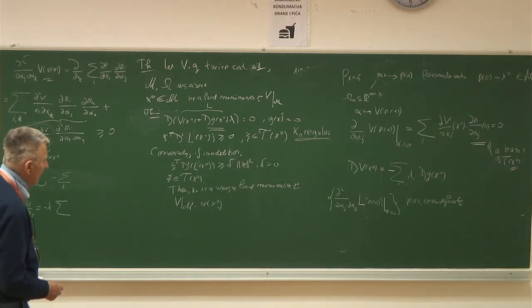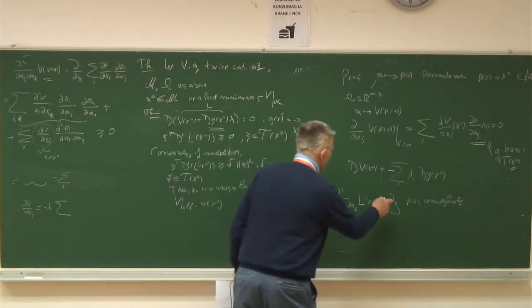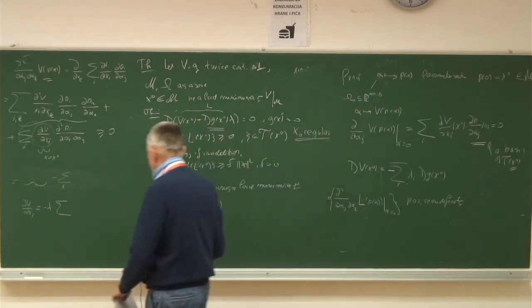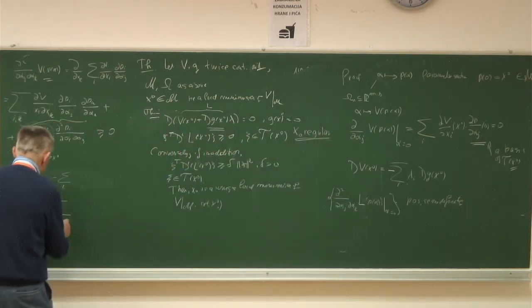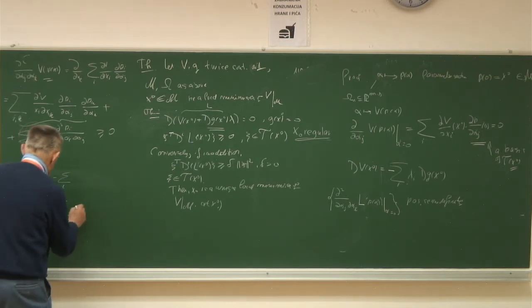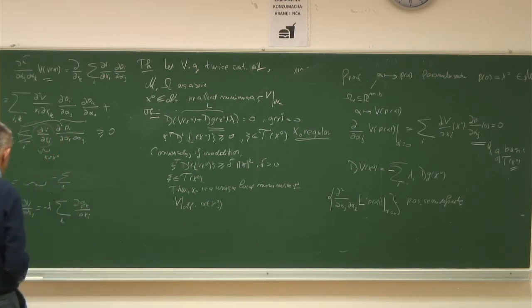I have an i already here. So, dg k, dx y. You have to put it here.